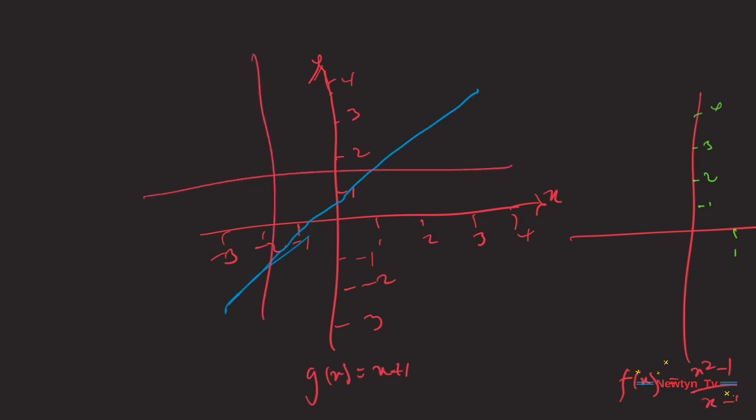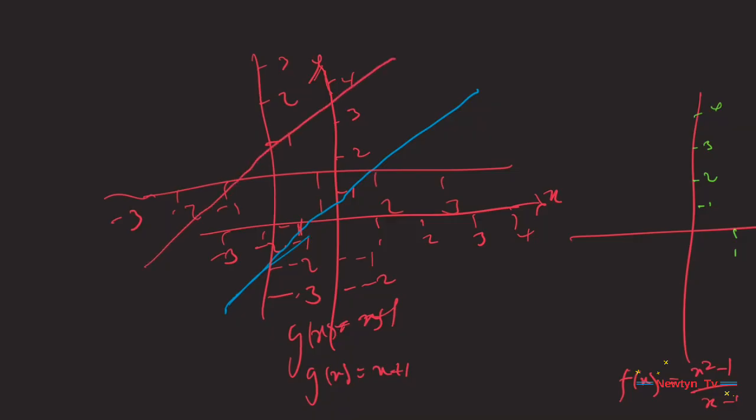So this is my graph for the first one, g of x equal to x plus 1. When you plot it, it's going to pass through here.